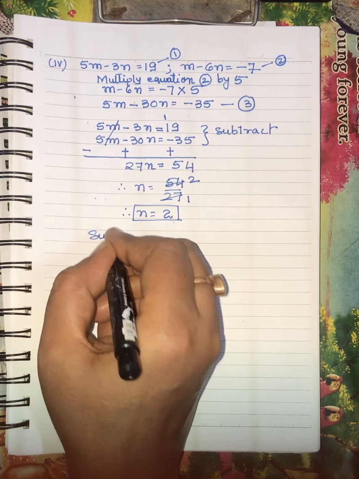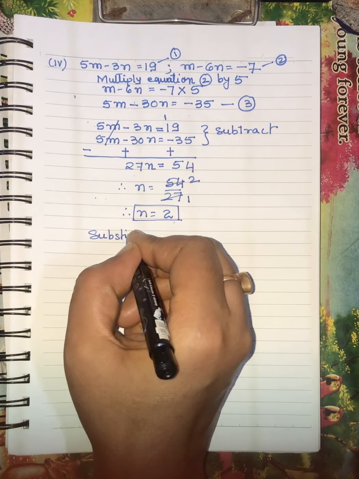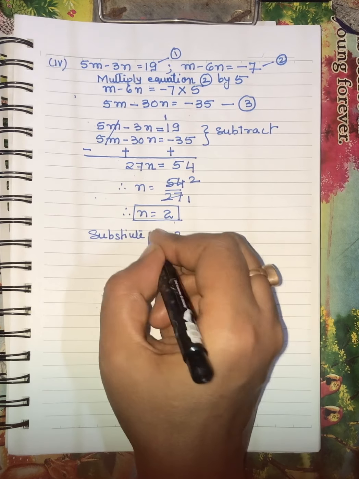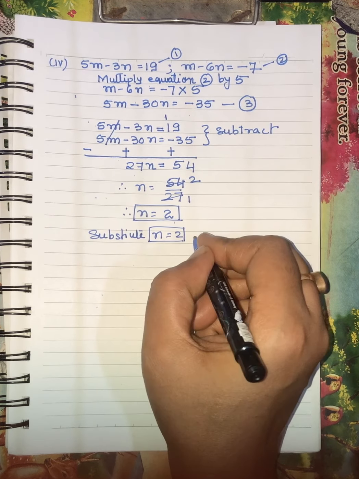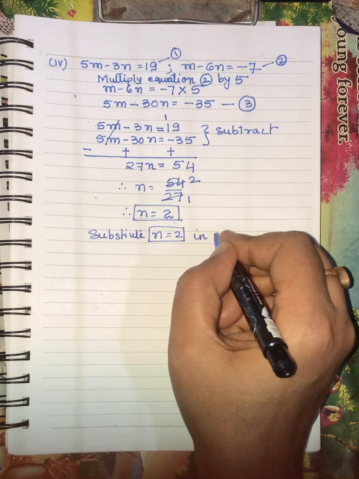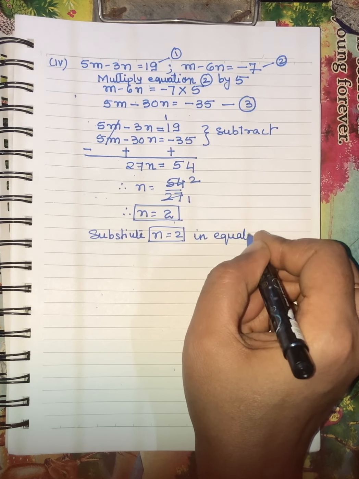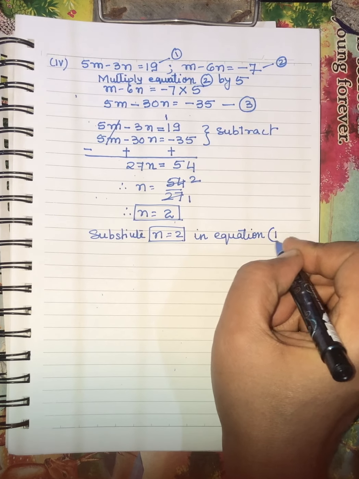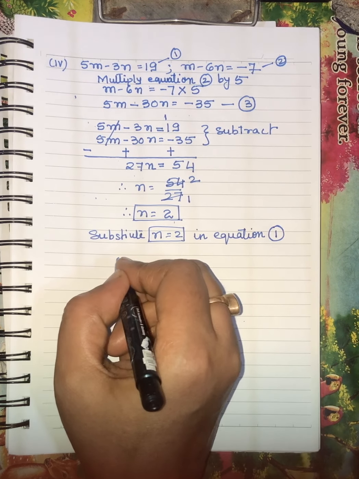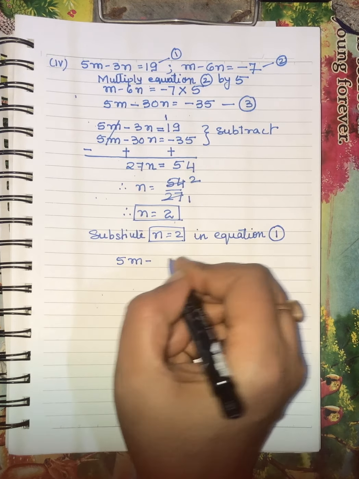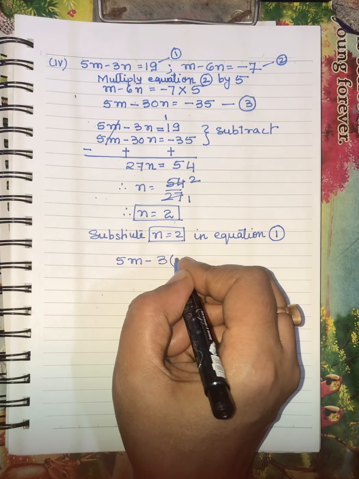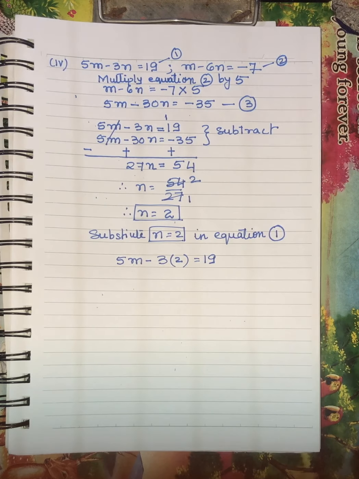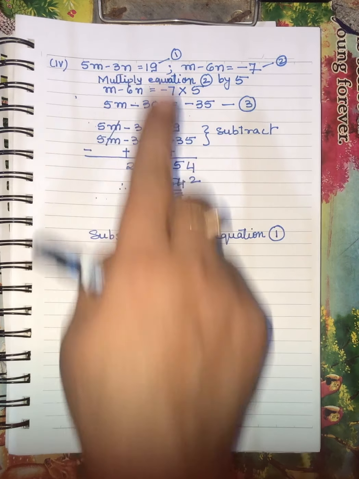Now, substitute the value of n is equal to 2 in any one of the equations, children. Either in 1, in 2 or in 3. In equation 1, I like to take 1. It is only for convenience. You can take any one of the equations. So I have substituted 2 in place of n.